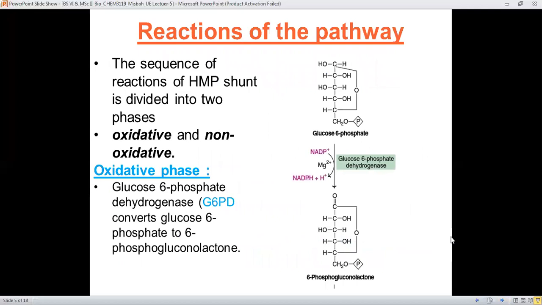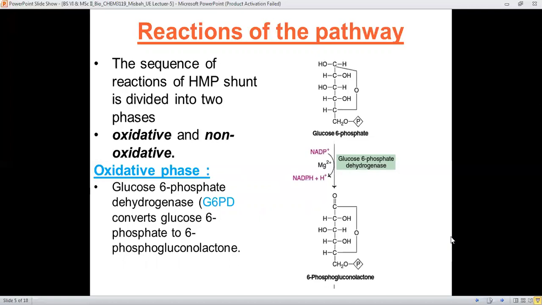Here is the schematic reaction or the pathway for the HMP shunt. Overall, the reactions of HMP shunt are divided into two phases. One phase is concerned with the oxidative reaction or oxidation of the substrate, and the second one is known as the non-oxidative phase.